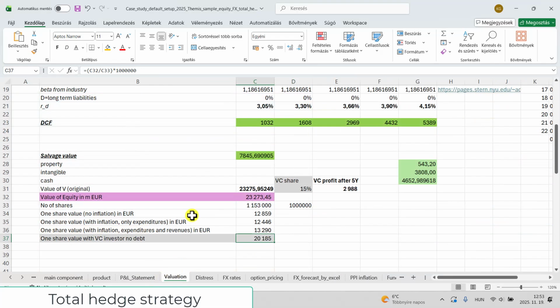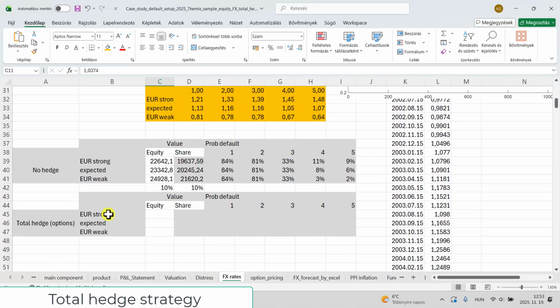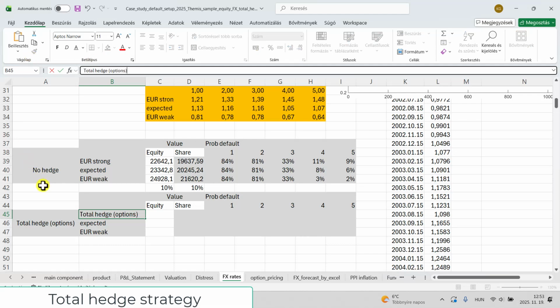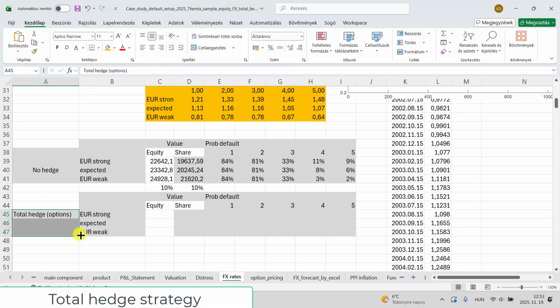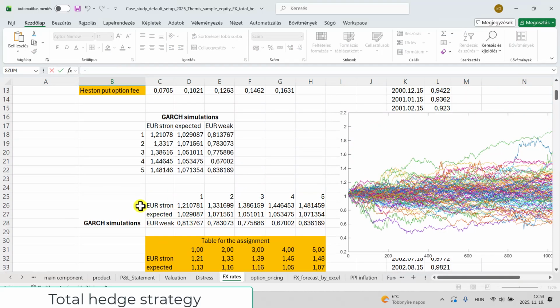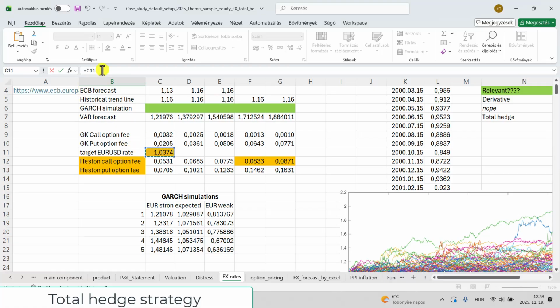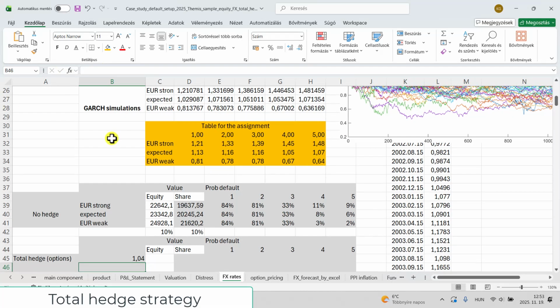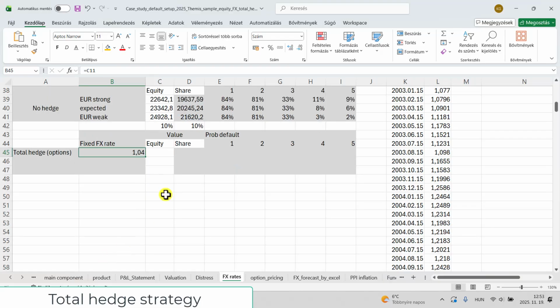But let's see what was the actual impact. Why did I make euro strong, weak and other expectations when we have a total hedge strategy, which eliminates all this stuff? We have this fixed rate, and that's all.